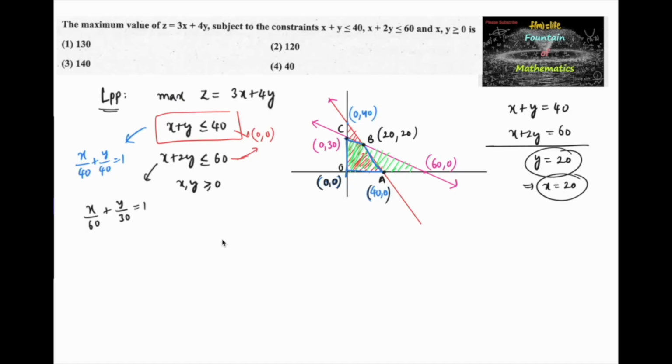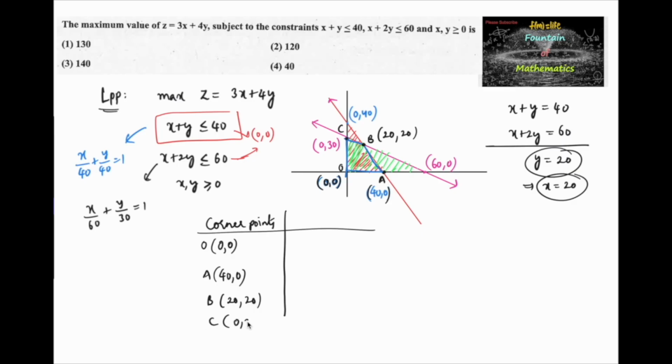So the corner points, because maximum or minimum will be obtained at the corner points. So here the corner points are 0 comma 0, 40 comma 0, and point B 20 comma 20, and point C is 0 comma 30.